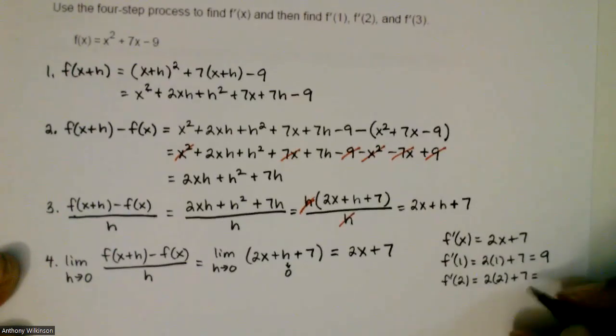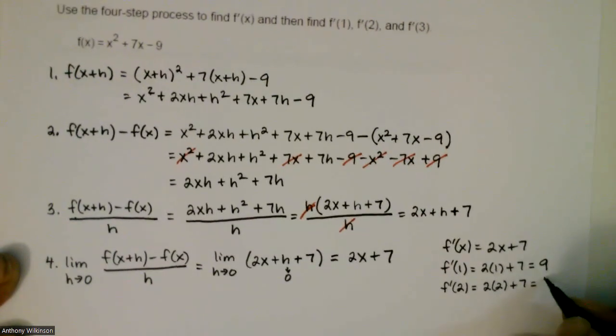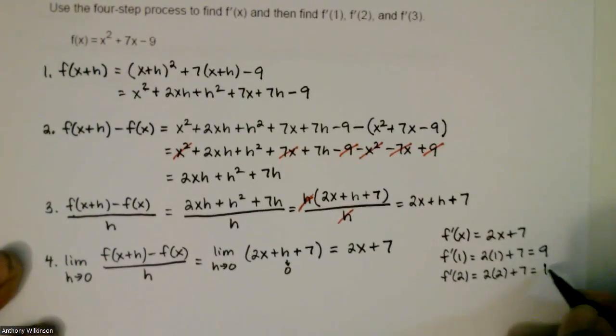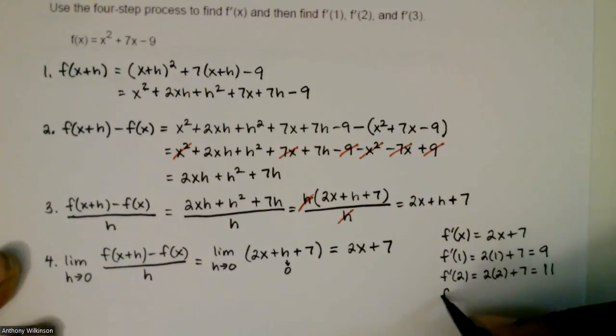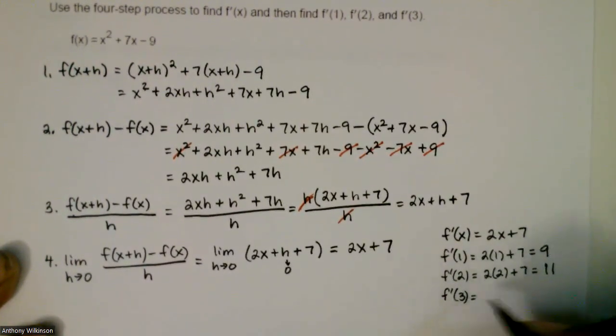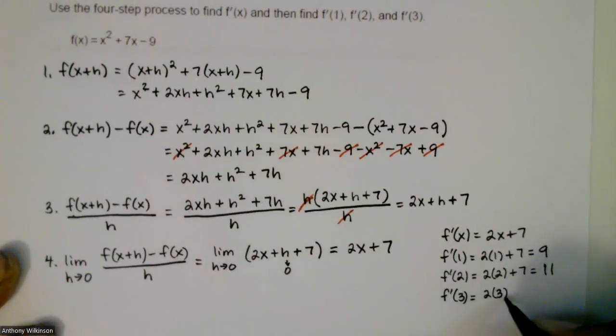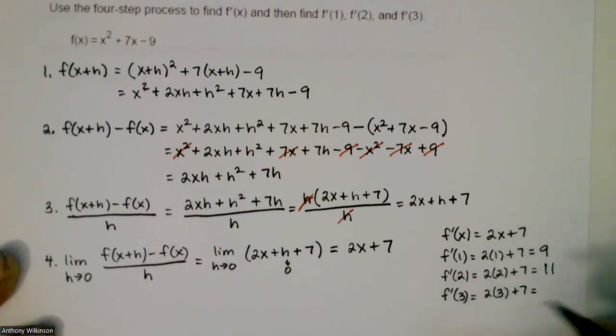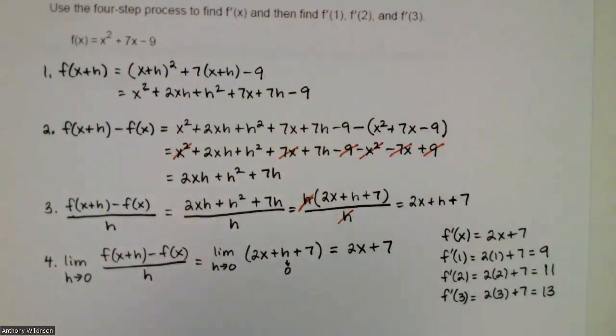Well, 2 times 2 will be 4. 4 plus 7 would be 11. And then finally, f prime of 3, that'd be 2 times 3 plus 7. 2 times 3 will be 6. 6 plus 7 is 13. So f prime of 1 would be 9, f prime of 2 would be 11, and f prime of 3 would be 13.